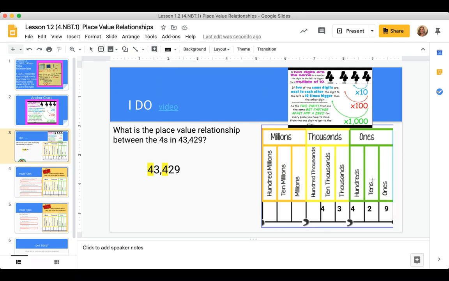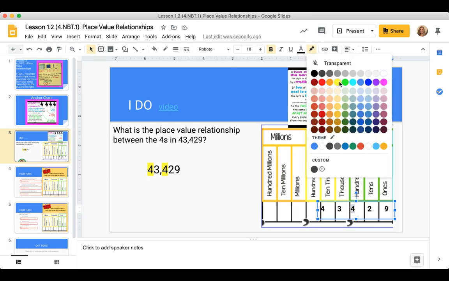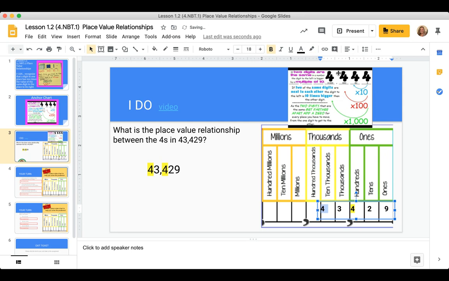When we start in our place value system, we have ones, thousands, and millions. We are looking at just the relationship between the two 4s. So if I were to look at my 4s in my place value, I have a 4 in my hundreds place, which I'm going to highlight, and a 4 in my 10,000s place. I'm going to highlight that as well.